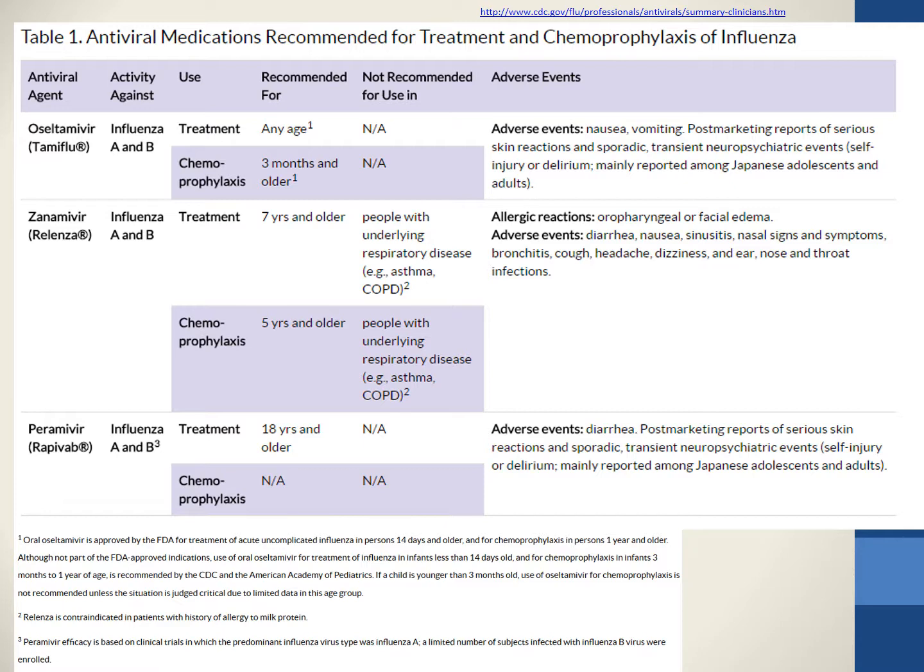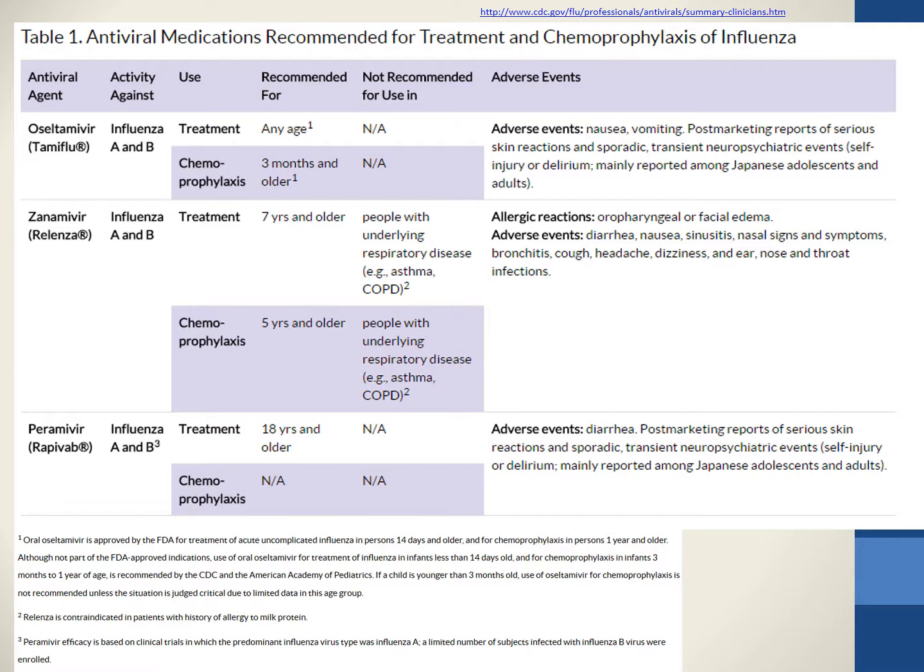For chemoprophylaxis, so post-exposure prophylaxis, it's recommended for patients 3 months and older. There really are no populations that it's strictly contraindicated in, and you can see a few summary reports over here of some of the adverse events. So you think any age for treatment, 3 months and older for prophylaxis.